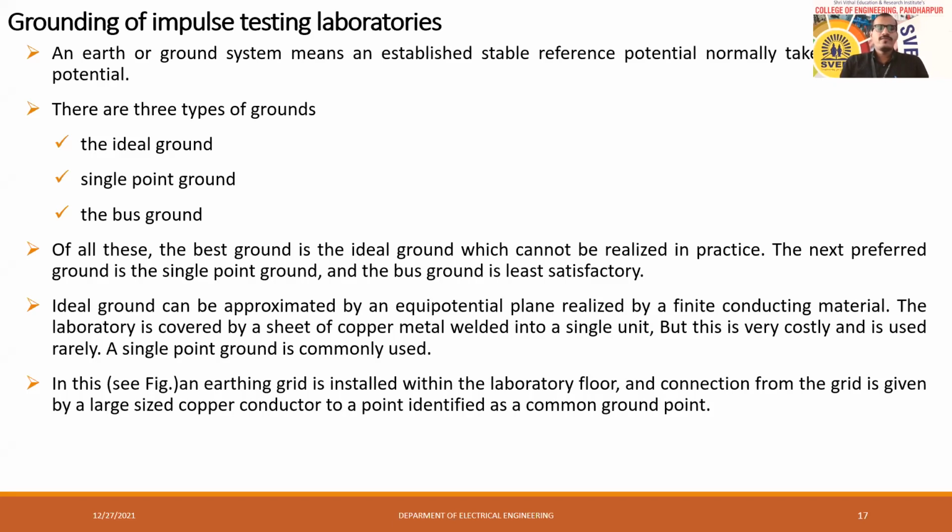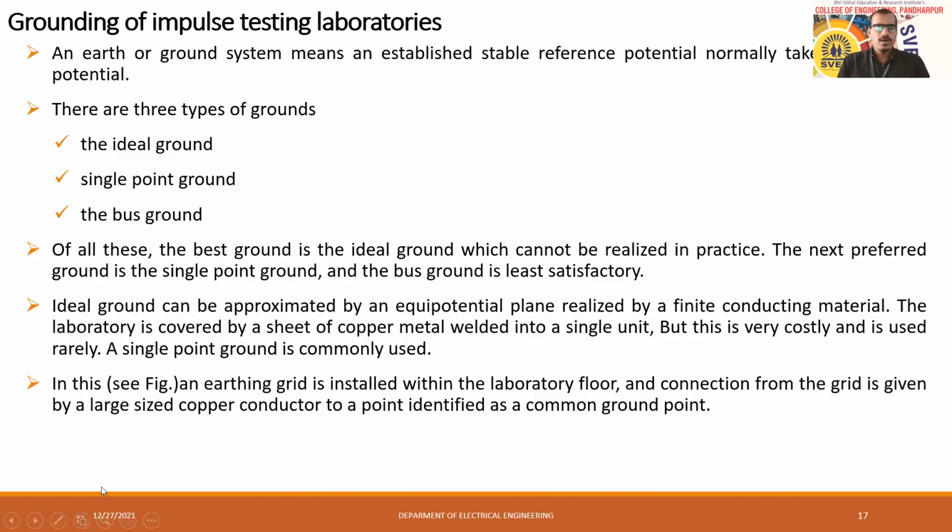So in such kind of single winding, whatever earthing grid will be installed, that is again within its laboratory floor area, and whatever connections we take out from this grid are given to the single point of the copper conductor. That is why there is a common ground point.